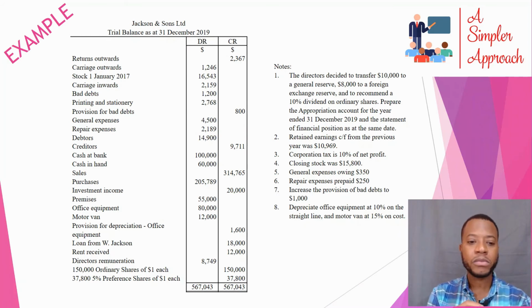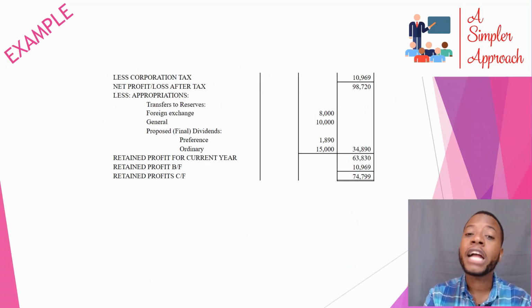Cool? Now, let's look at the bottom of the trial balance. It says 150,000 ordinary shares of $1 each. If ordinary shareholders are getting 10%, it means they're getting 10% of 150,000, which is 15,000. Let me go back here and show you 15,000.